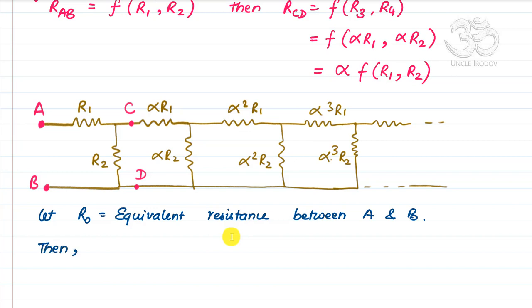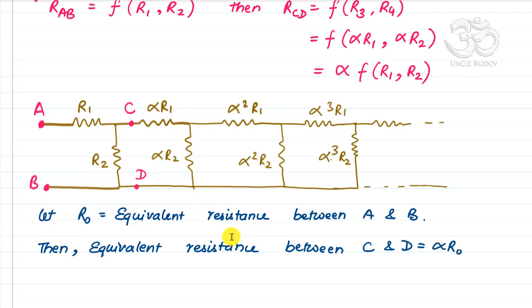Then the equivalent resistance between C and D becomes alpha R0.